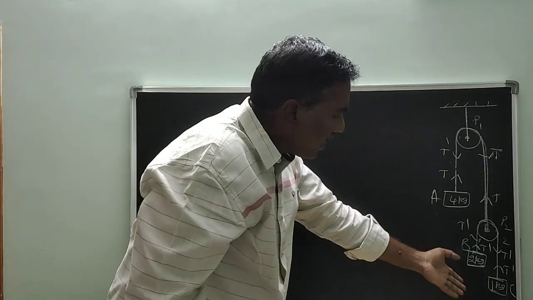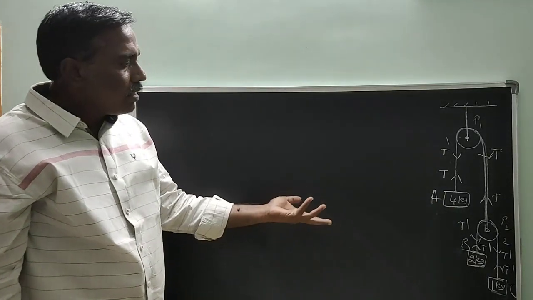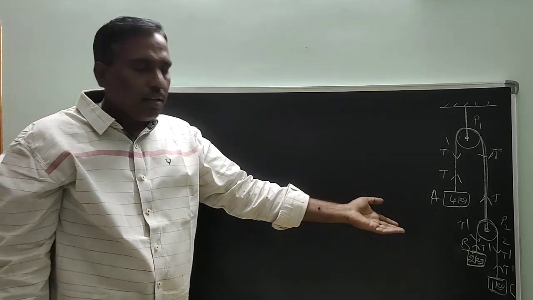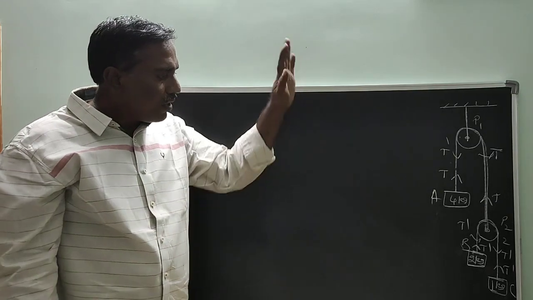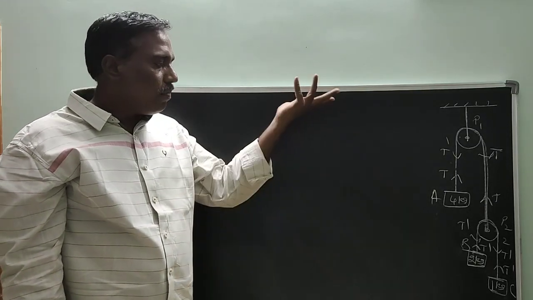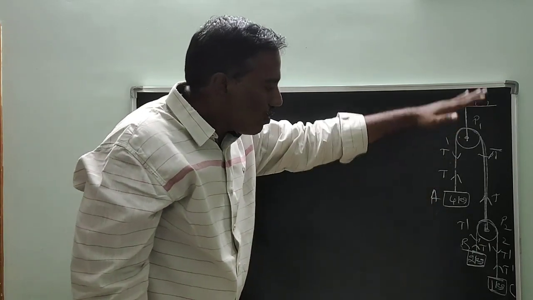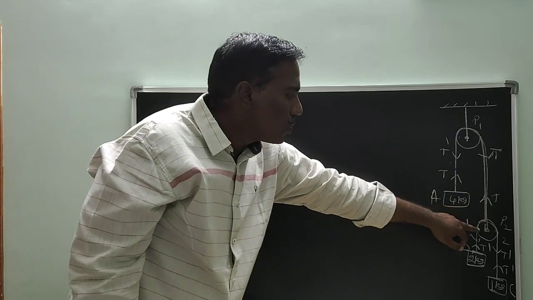It is a complicated pulley block system, so we don't know the directions of the accelerations. For such systems, assume all blocks are moving down or all moving up. Here I am assuming all blocks and pulleys are moving down, but this pulley is fixed and does not move, only this pulley moves.